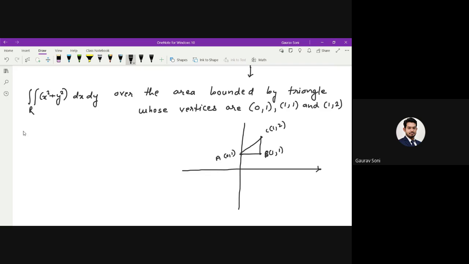What can you tell me about x? x is going from 0 to 1, x equal to 0 to x equal to 1. Y is going from 1 to 2.